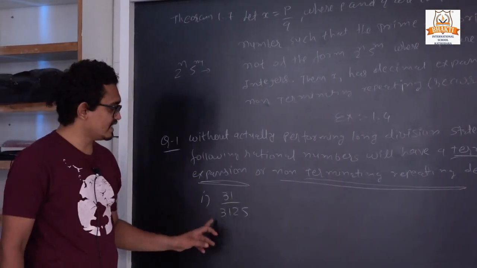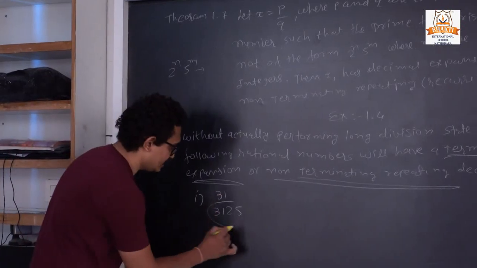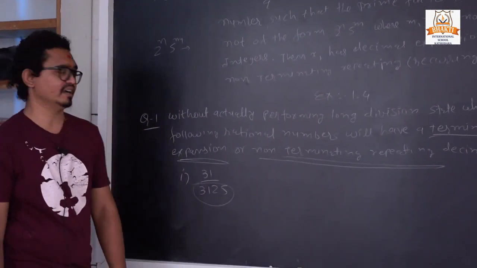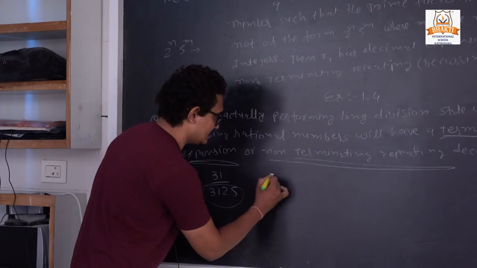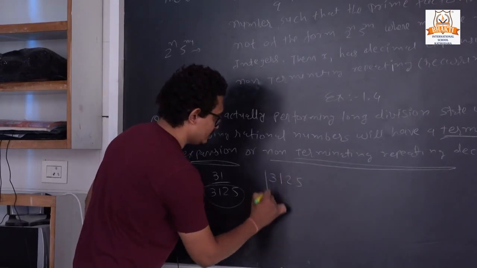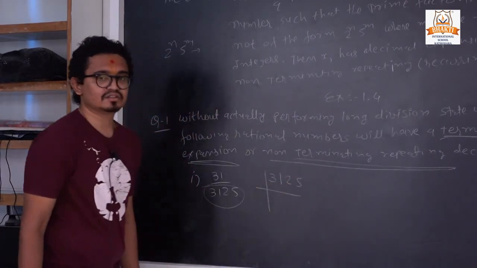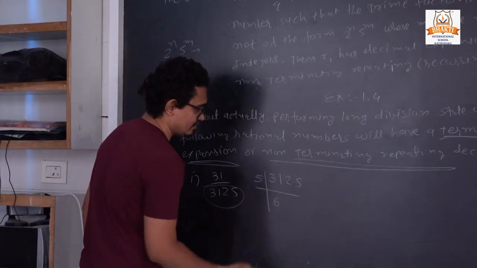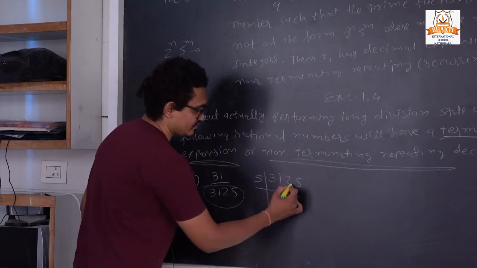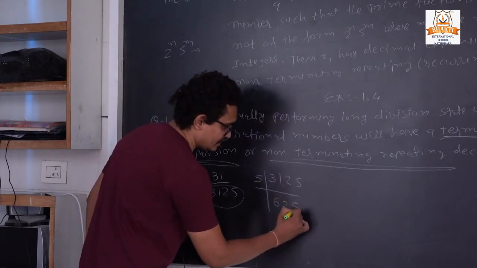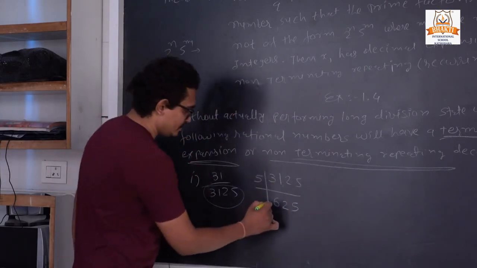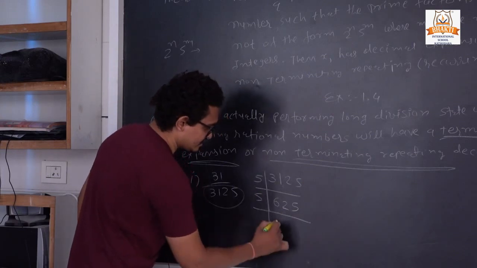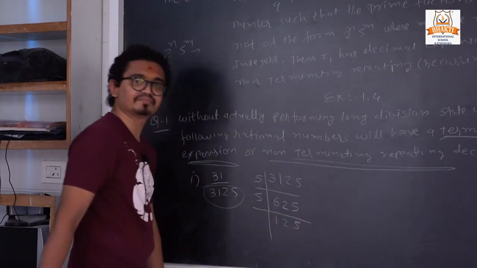First of all, we start from the denominator term and find its factors. The last digit is 5, so it is divisible by 5. 5 sixes are 30, so here we have a 1... 5 twos are 10, so here we have a 2. So it will be 25. Once again we can divide by 5, so it will be 125.